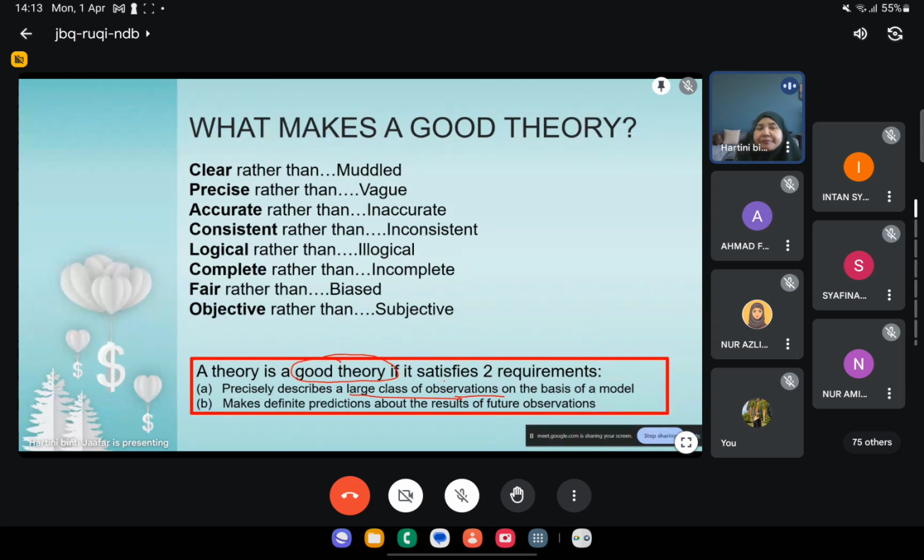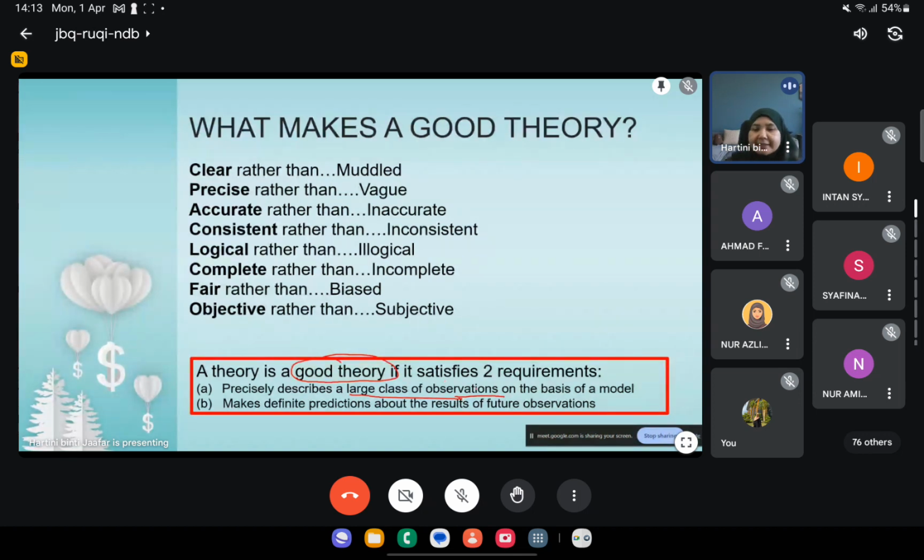And as a matter of fact, it can go cross culture as well. They made the observation in, for example, the US, and then when applied in Asian countries, because Asian and Western have different cultural backgrounds, when the theory applies to a different setting, the theory can still be considered valid. So that is considered to be a good theory.